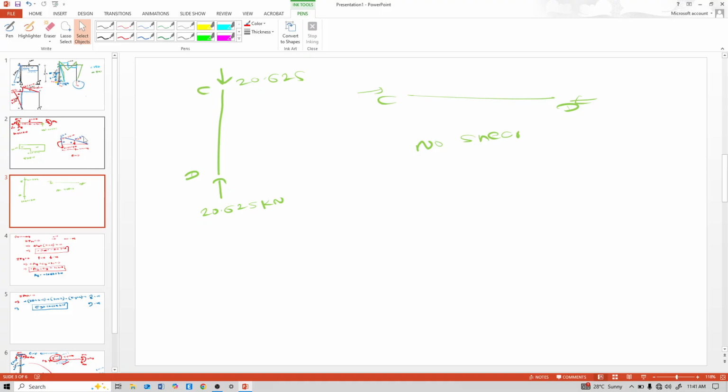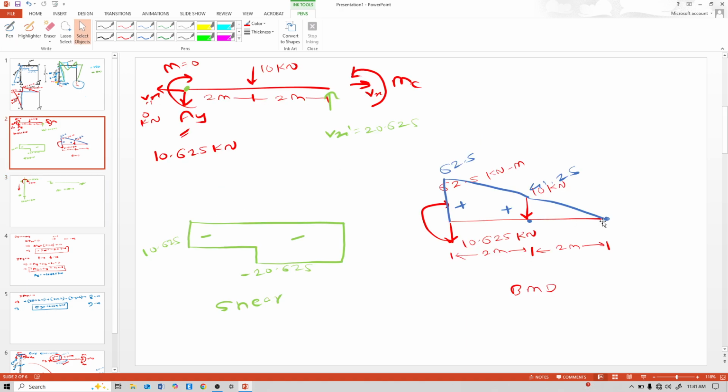Now here, see, always calculate bending moment and shear force from C to D like this. Here also 0 kilonewton, because at point C here it is 0.